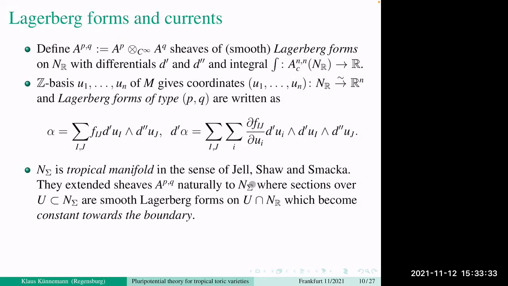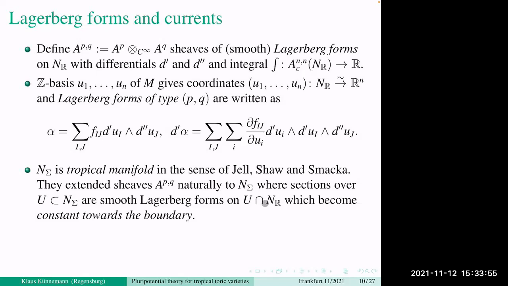So they say that the good extension is that I take a section of, so a (p,q) form on an open subset in N_Σ is in fact given by a smooth Lagerberg form on this open subset in this finite dimensional real vector space. And then I have to put some condition at the boundary.